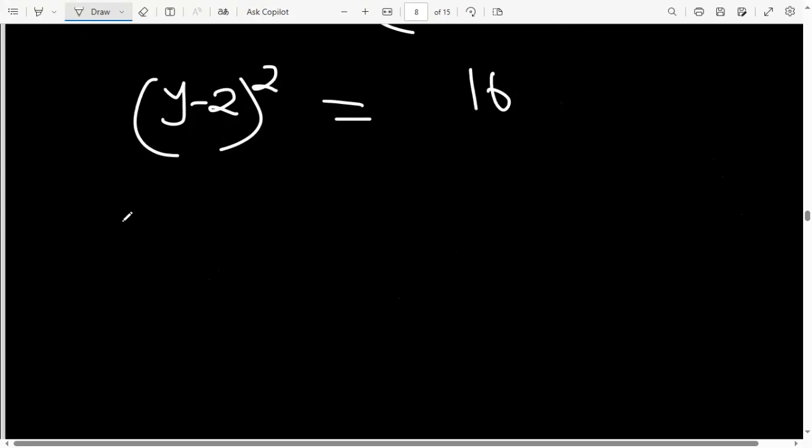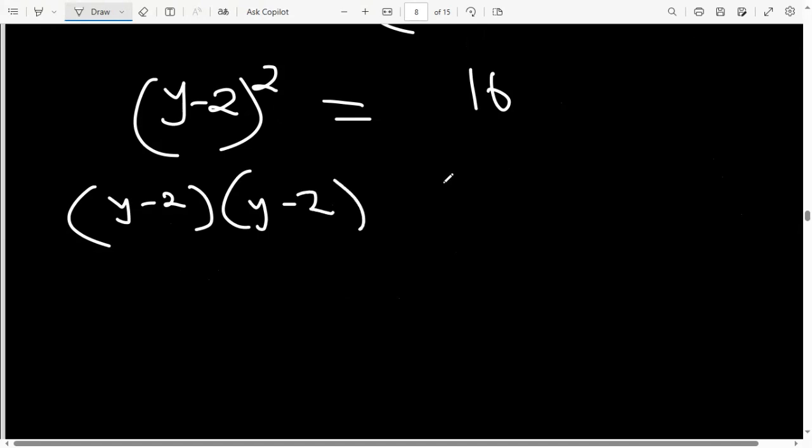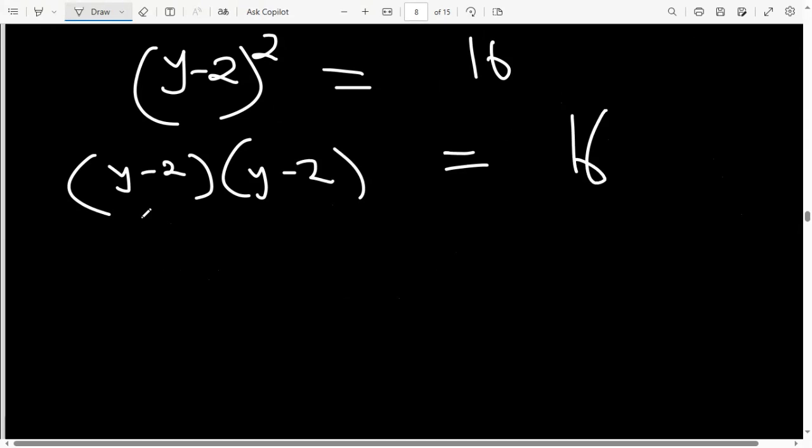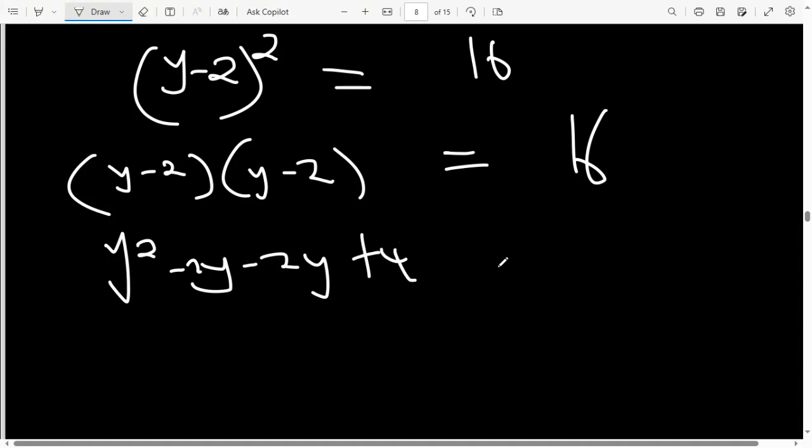So this is the same as y minus 2 times y minus 2 is equal to 16. We can expand this to y squared minus 2y minus 2y plus 4 is equal to 16.